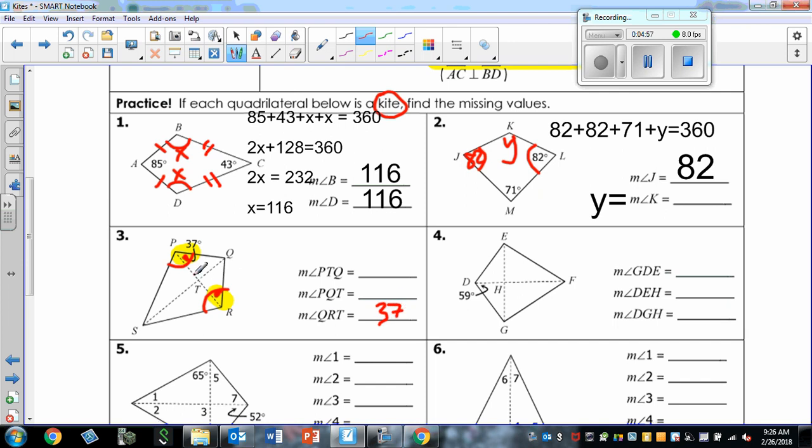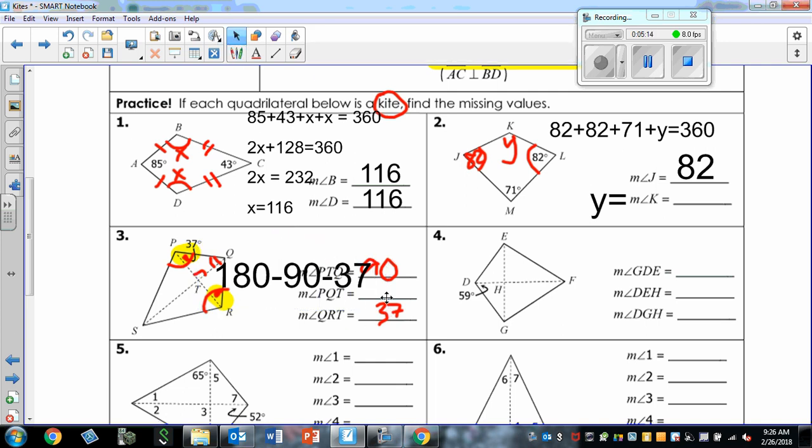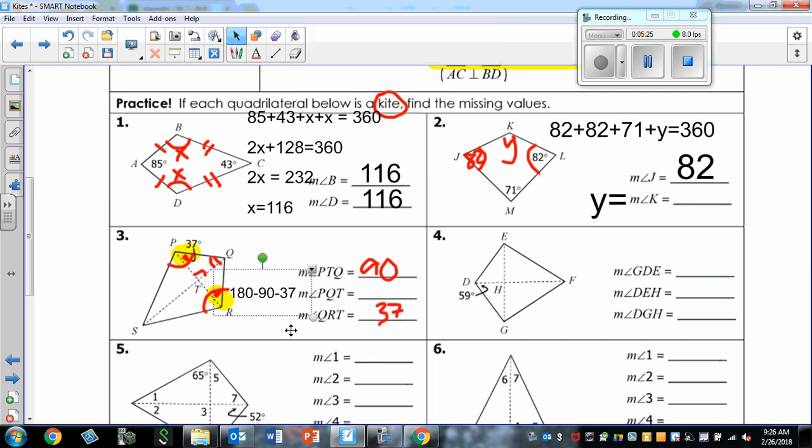PTQ is here in the middle, that's 90. Finally, for PQT, which is this one here, I can just subtract from 180. I can do 180 minus 90 minus 37 to figure out what that top angle is. So there's a lot of relating to 180. If I do that, 180 minus 90 minus 37 is 53. So that gives me 53 for that last angle here.